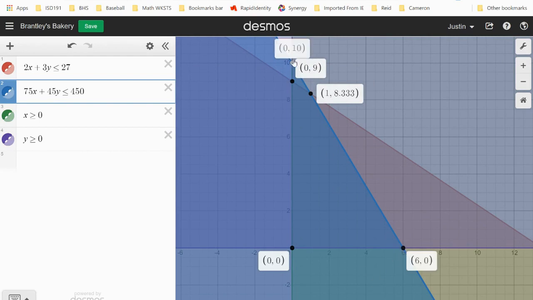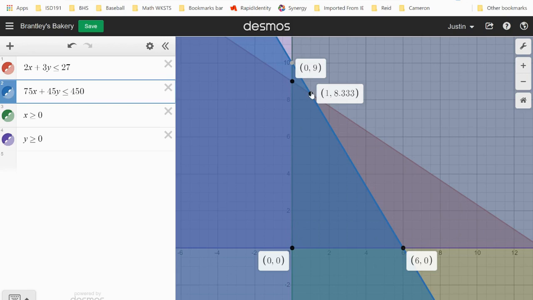Okay, so I don't really care about this dot up here because that's not below this red line. So it's got to be below the red line, below the blue line, above the, I'm not sure what color that line is, purple maybe, and then to the right of the green line. Okay, so it's inside this quadrilateral shape.